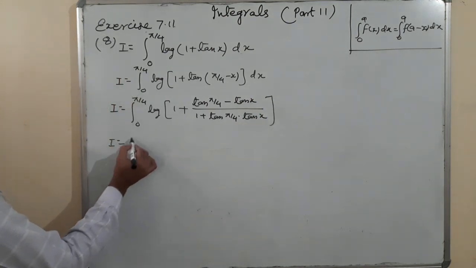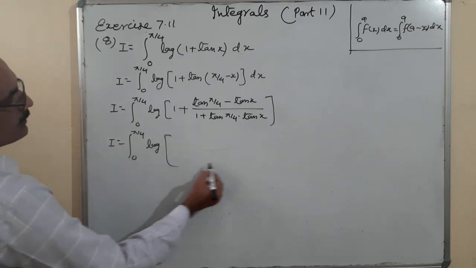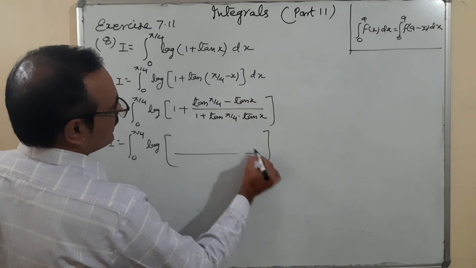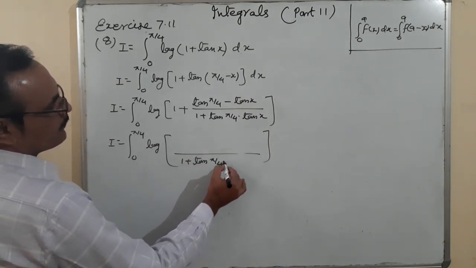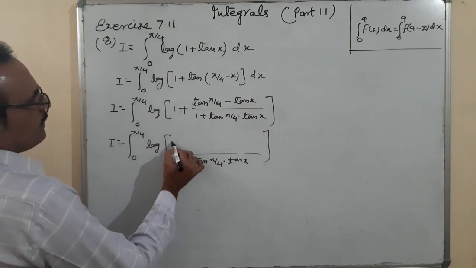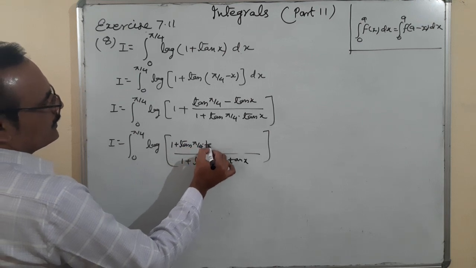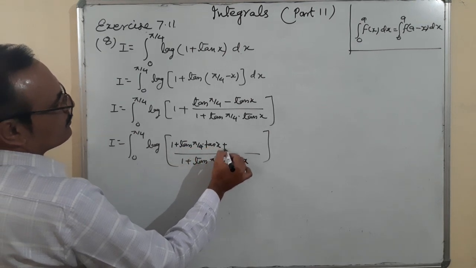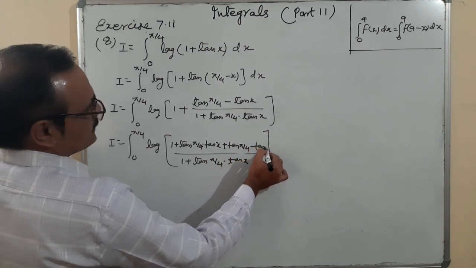I is equal to 0 to pi by 4 log, taking LCM inside, so LCM is 1 plus tan pi by 4 into tan x. So what is coming here? 1 plus tan pi by 4 into tan x plus tan pi by 4 minus tan x.